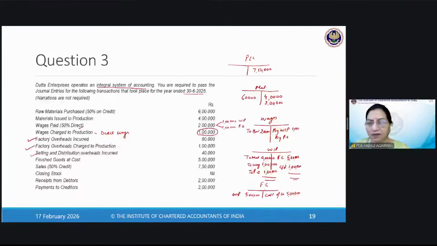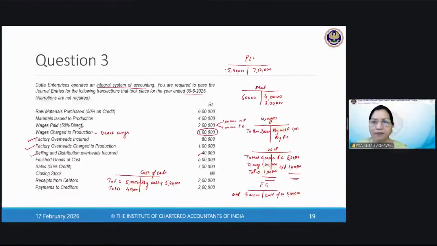And in the cost of sales account, you will have finished goods 5 lakh, and you will incur selling and distribution overheads 40,000. And this will also move to Costing P&L 540. So by P&L, 750 will be the sales and cost of sales will be 5,40,000.